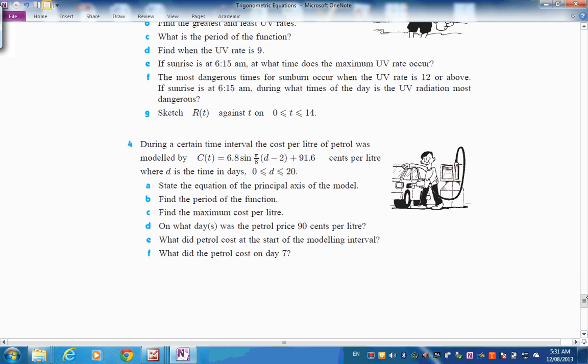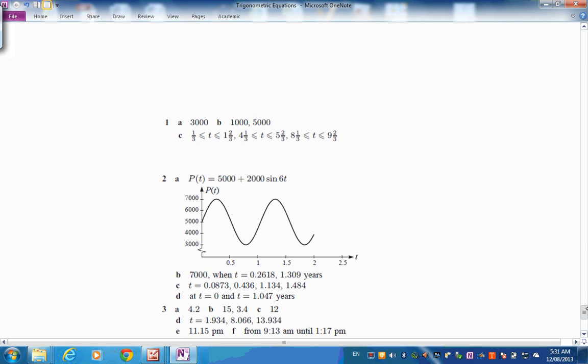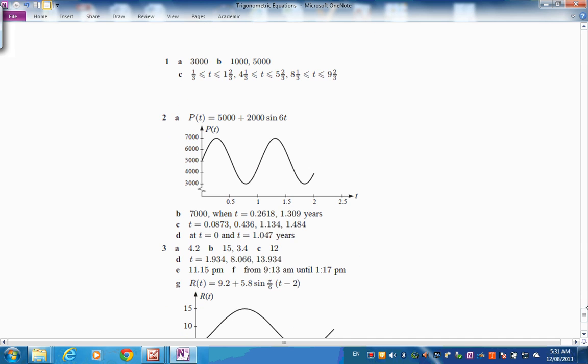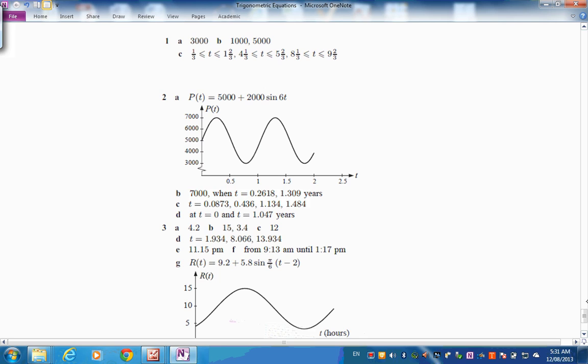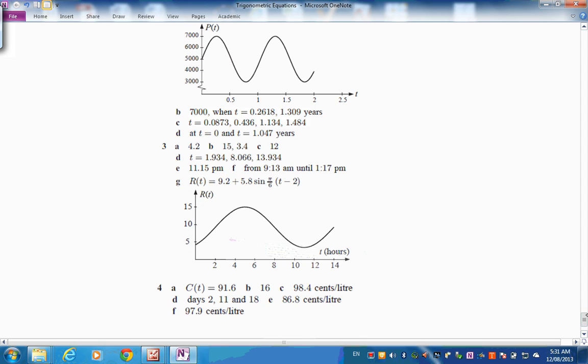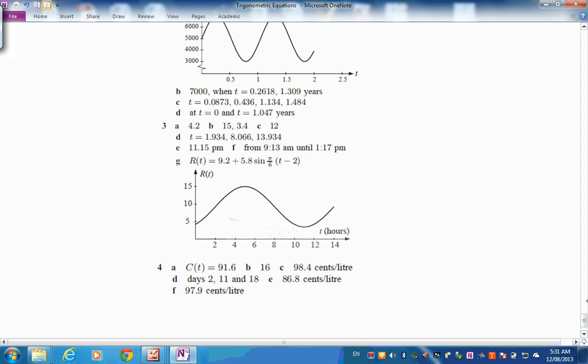Okay, and then let's look at the answers, sorry, they're not fully worked solutions here. So that's 1 and 2. And check that you're getting a good graph there. And question 3 and 4. Check that your graph has got all these annotations, right, and that the key points are in the correct position where you start and finish. And these should be able to be read off fairly accurately on graph paper.